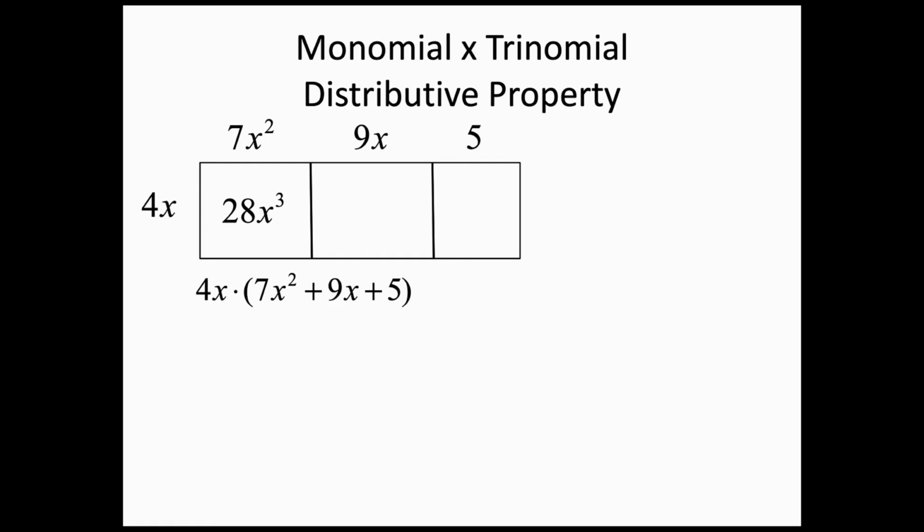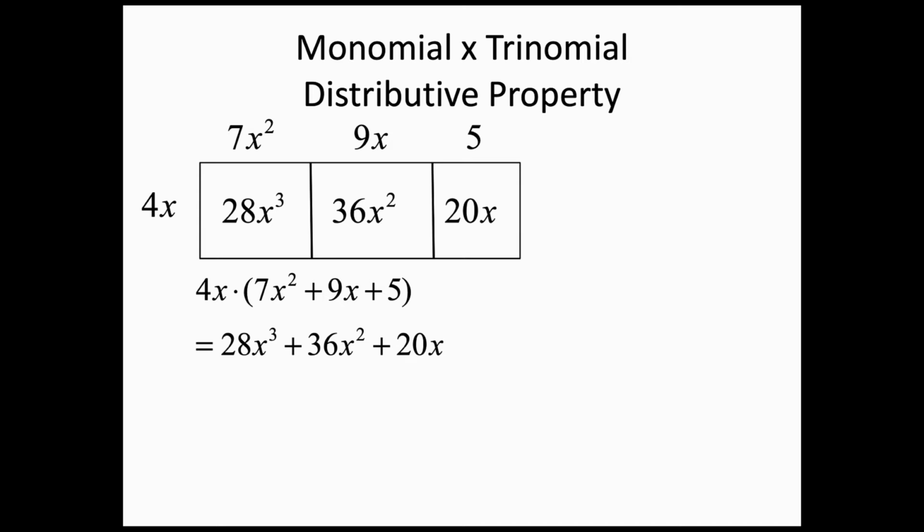The second box will be 9x times 4x, which is 36x squared. And the last box will be 5 times 4x, which is 20x. If we multiply those together, we get the result of 28x cubed plus 36x squared plus 20x.